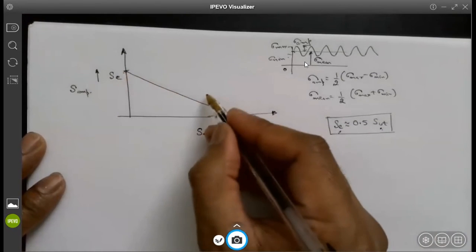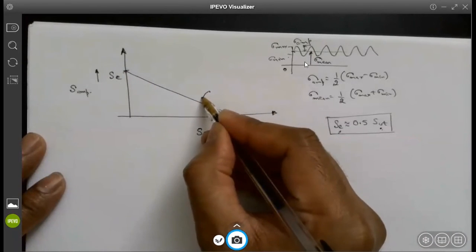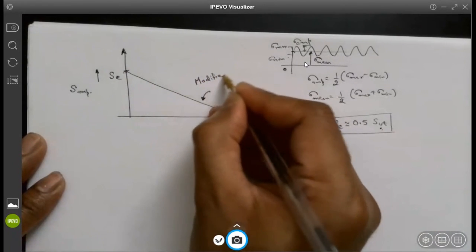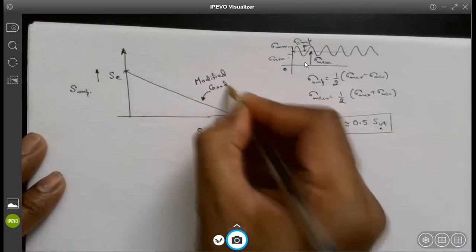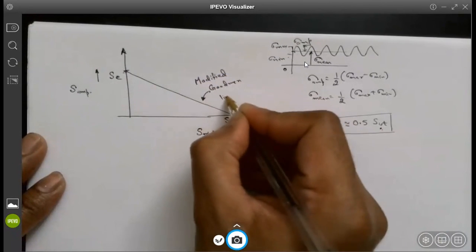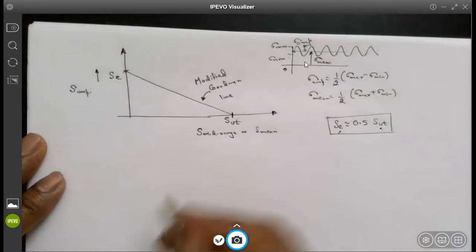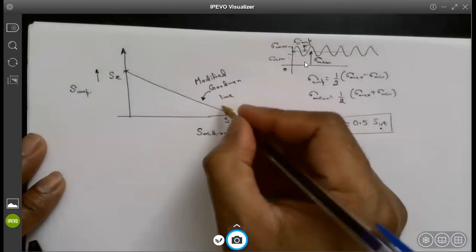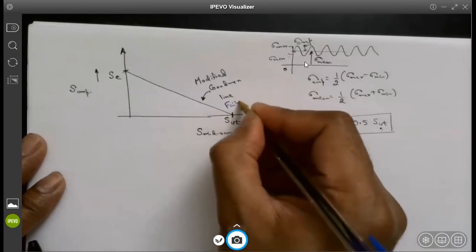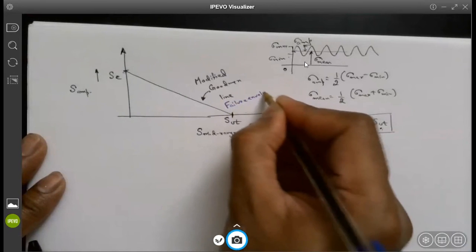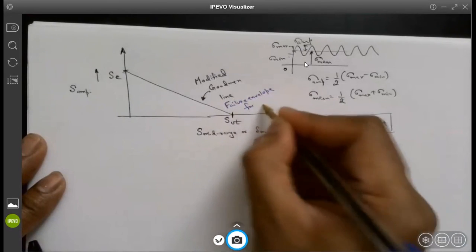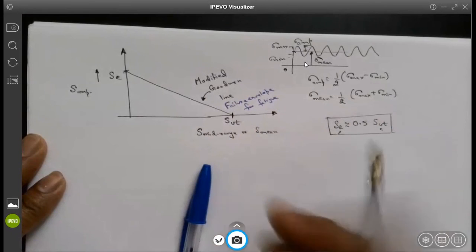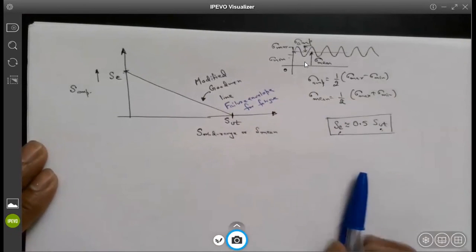This straight line is the failure envelope for fatigue theory, and it is called the modified Goodman line. This is the failure envelope for fatigue loading.